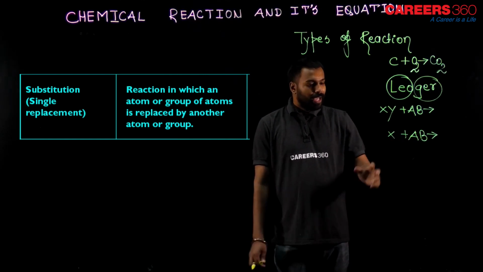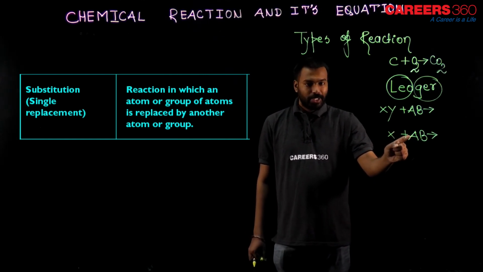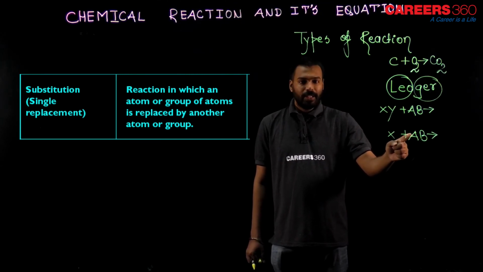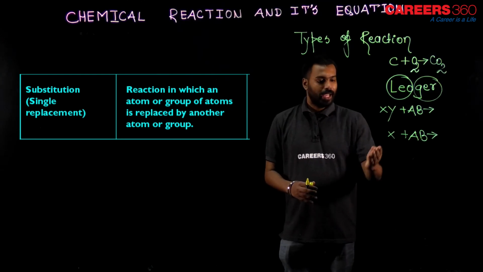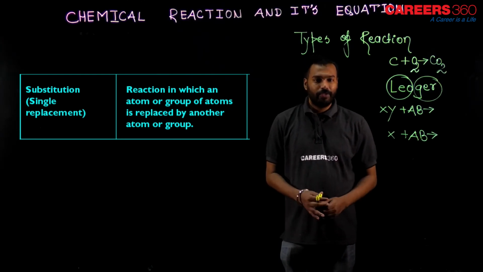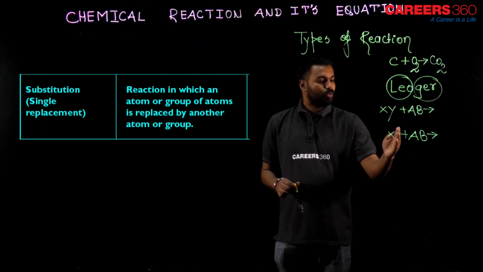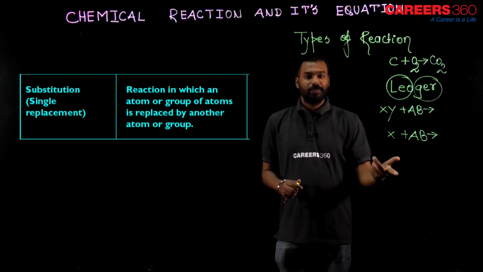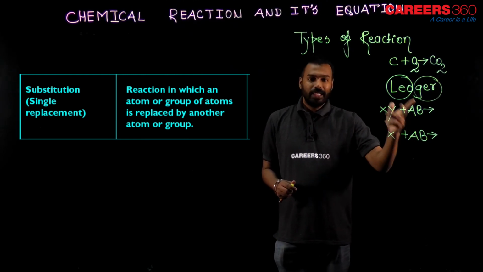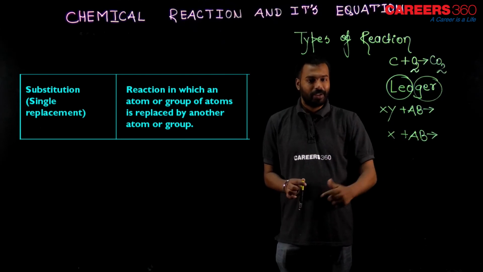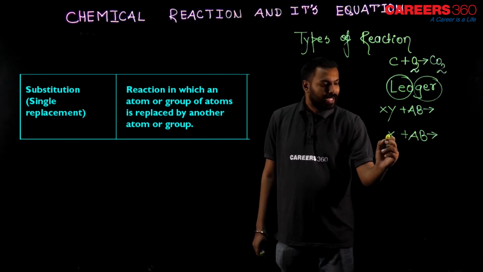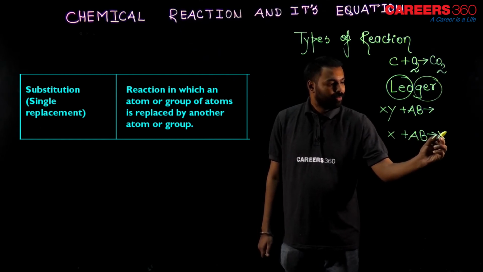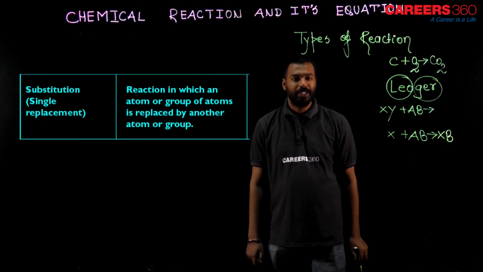So, what will happen? X will come to A, and A will be afraid, because A is less powerful, A is poor and X is rich. When X comes close to AB, A will leave its position and X will occupy its place. So, X forms XB.